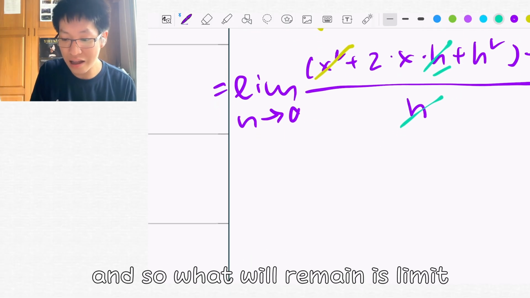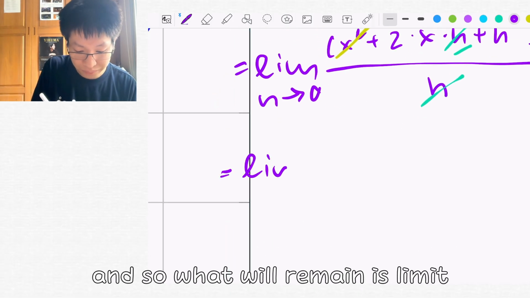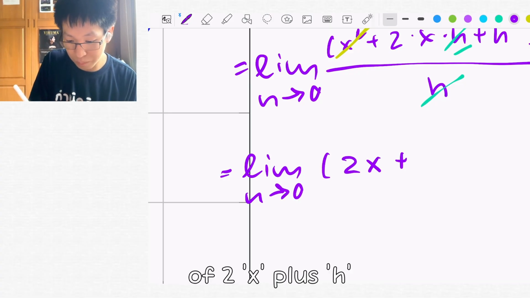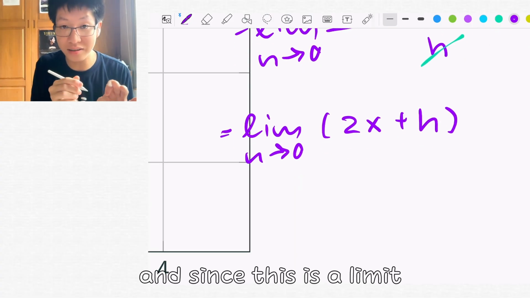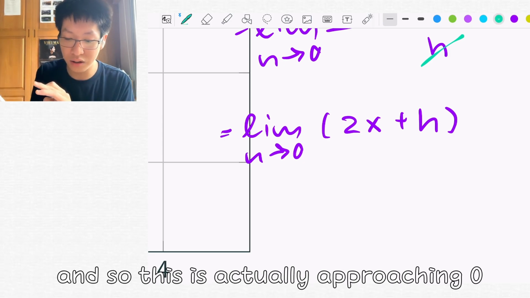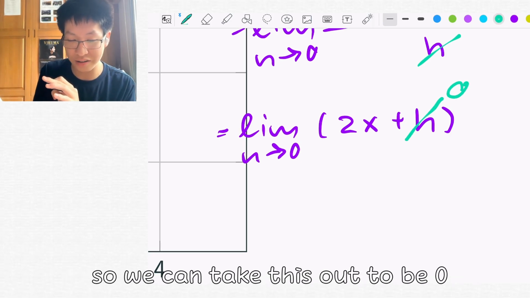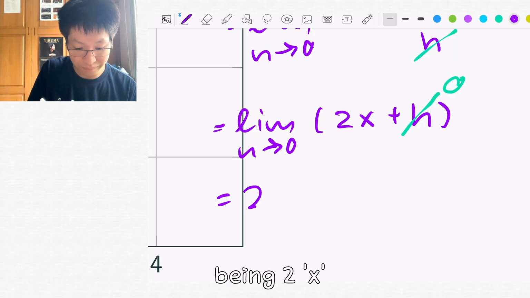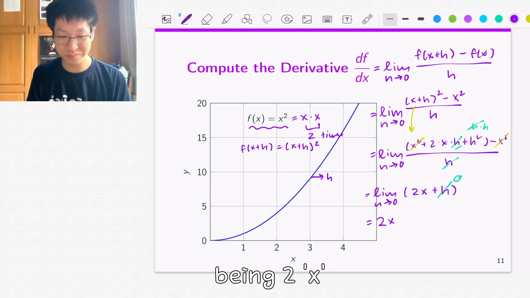What will remain is the limit as h approaches 0 of 2x plus h. Since h is approaching 0, we can take this out to be 0. And so we get the final expression being 2x.